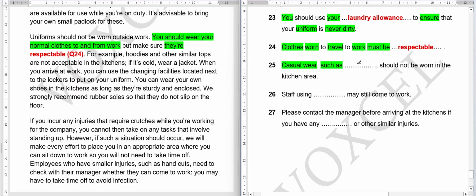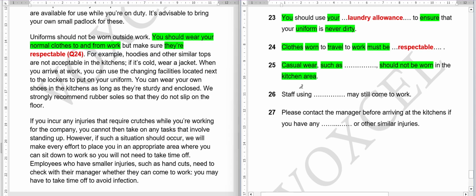Casual wear such as jackets, casual wear such as something, whatever that particular piece of clothing is, we have to write the name of that particular clothing. So such as basically is a specific type of clothing. So an example of that specific type of casual wear should not be worn in the kitchen area. You can wear anywhere else, but not in the kitchen area.